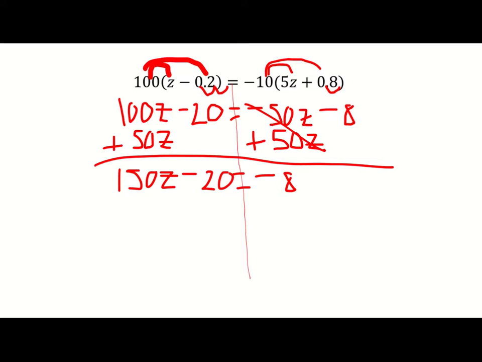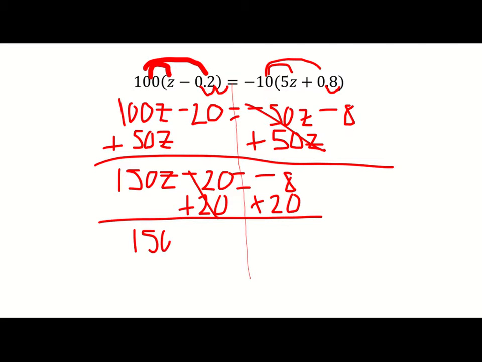So from here, I want to get 150z by itself. So I'm going to add 20. When I add 20, the 20s cancel on the left. I have 150z. And on the right, negative 8 plus 20. I can also think about that in reverse order. 20 minus 8.